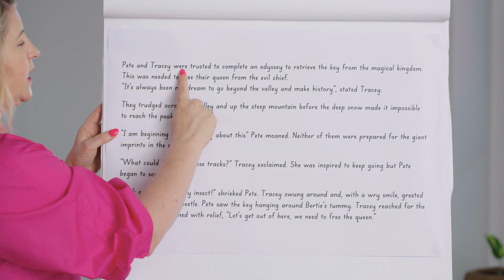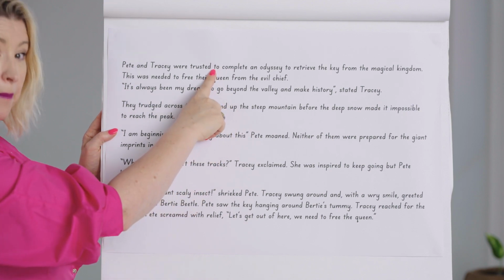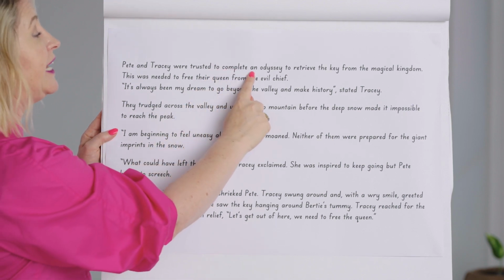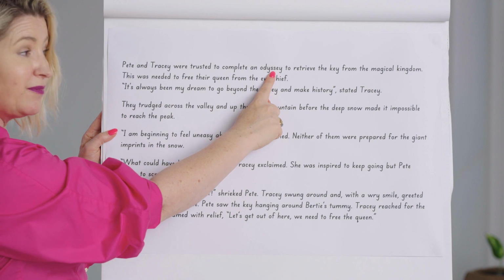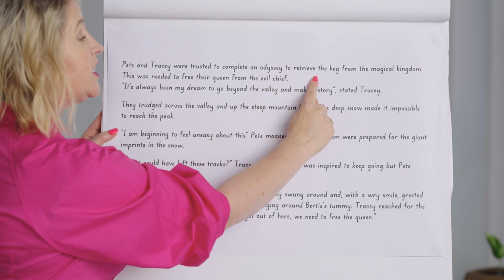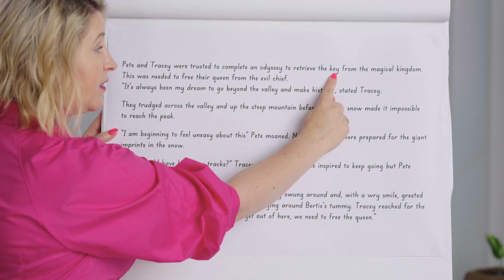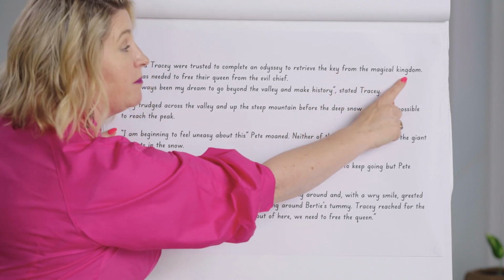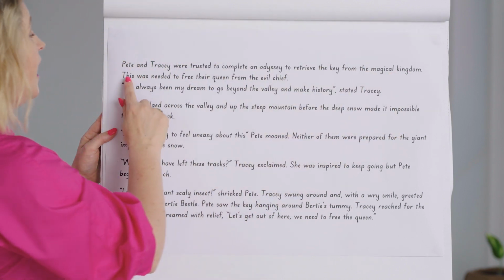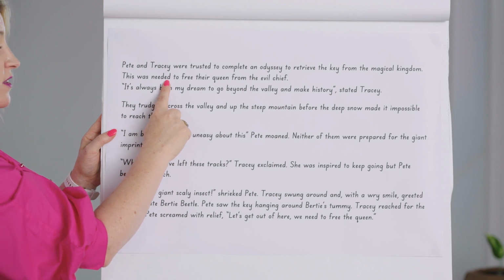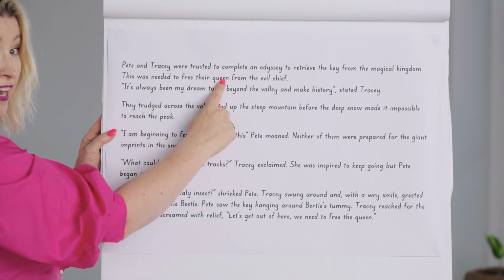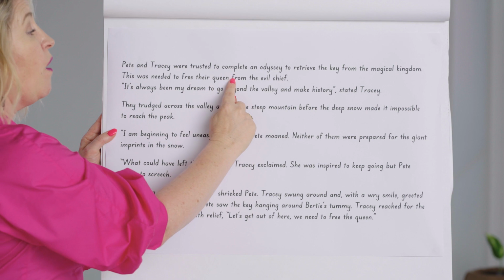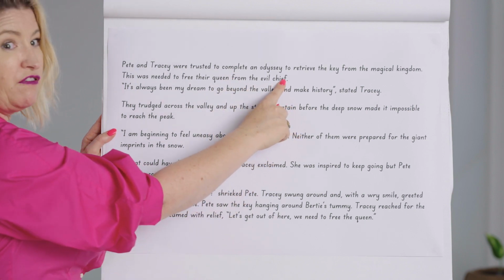Pete and Tracy were trusted to complete an odyssey, to retrieve the key from the magical kingdom. This was needed to free their queen from the evil chief.